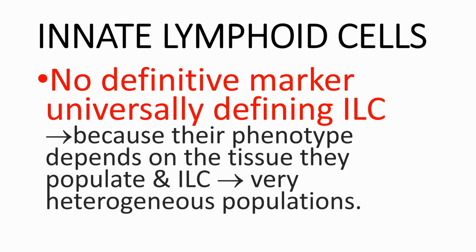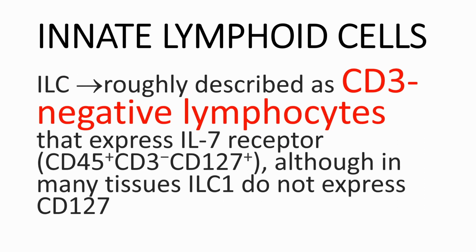That's because their phenotype depends on the tissue they are present in, and innate lymphoid cells actually represent very heterogeneous populations. Roughly, innate lymphoid cells can be described as CD3 negative lymphocytes that express interleukin-7 receptor.